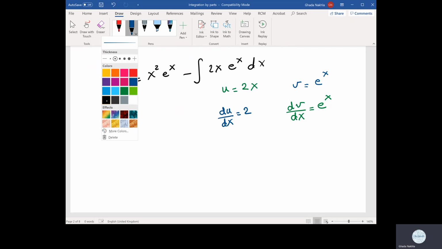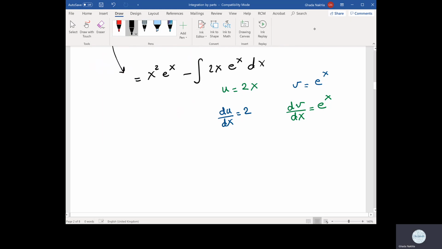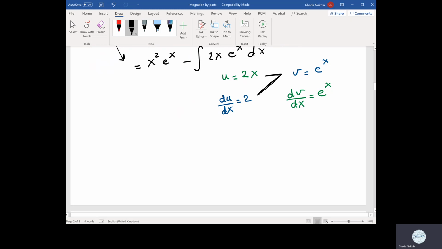Then we apply the by parts rule. U times v minus the integration of v du by dx. So let's go back here and let's say equals from here. This one will stay the same. So I'm going to have x squared e to the x because this part does not need to change here. Okay, minus. I'm going to have a pair of brackets because this minus is going to affect what's inside the brackets.